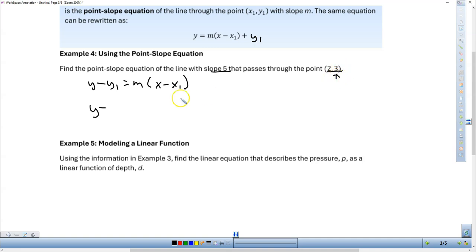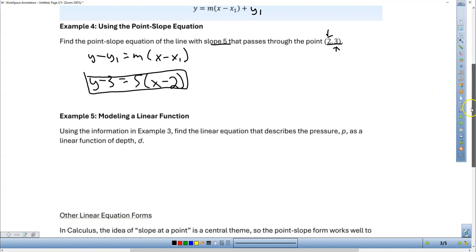Our y1 is 3. So I'm just going to plug in 3. My m is, of course, my slope value, so that's just 5. And my x stays there, and x1 we're going to pull right here from this point, excuse me, and let's go ahead and put that in. And so now our equation is y minus 3 equals 5 times x minus 2.